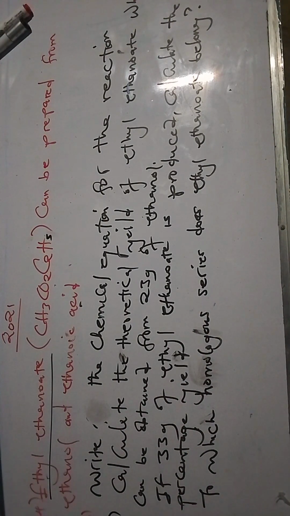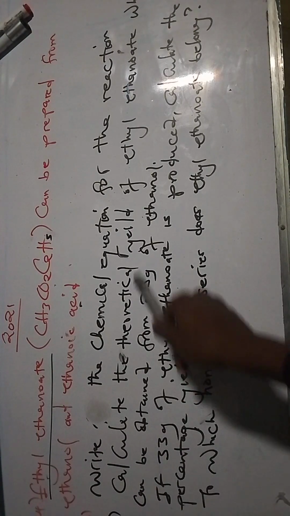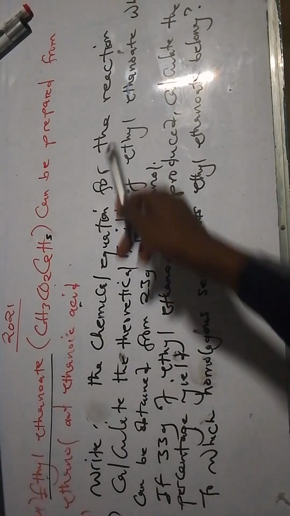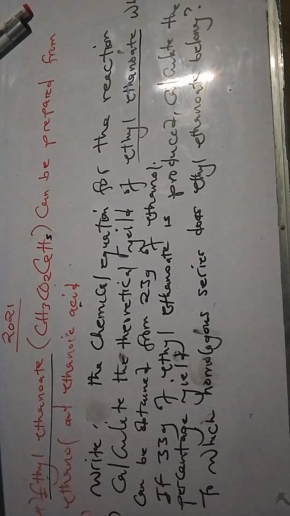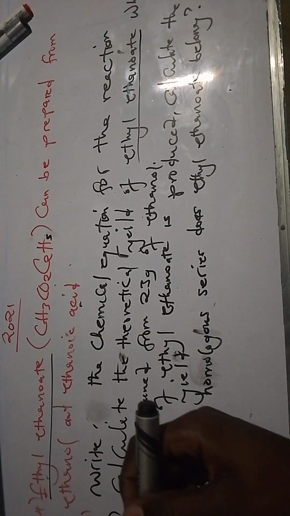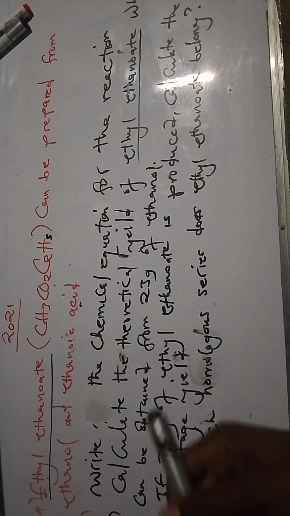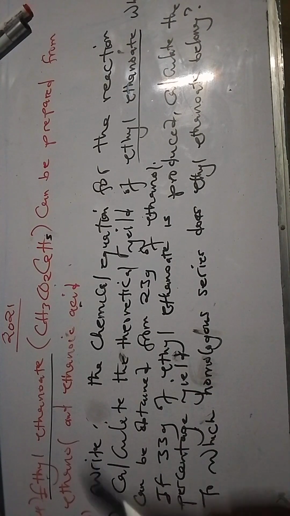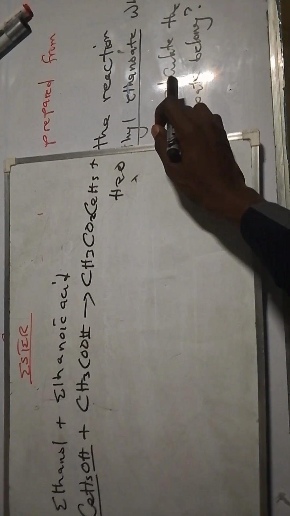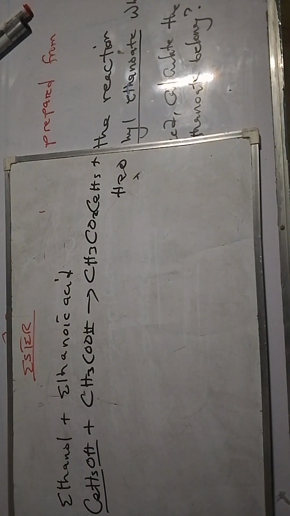Now, as for the second one, we are saying calculate the theoretical yield of ethyl ethanoate. So we are still looking at this one. If our equation is wrong, it means that even our answer will be wrong. So for us to understand, I'll bring back my same equation.